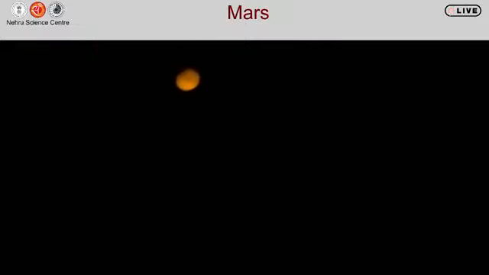Okay, we are adjusting the telescope and it's back on the screen. You can see at the center of your screen the red planet Mars.